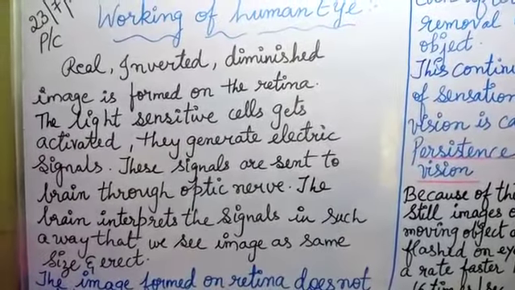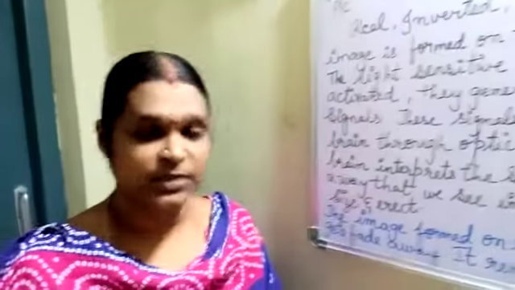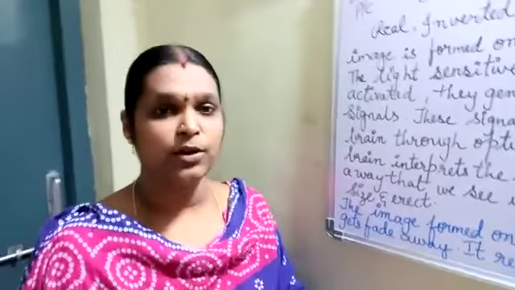As we know, on the retina we have light sensitive cells, that is, rods and cones.